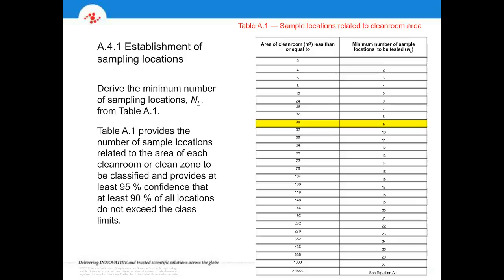If we look at the example that's highlighted, where we had 36 square meters, previously when we would use the earlier method of taking the square root, that would have yielded a minimum of 6. In today's chart, that value is now 9. So it's an increase, not substantial, it's not doubling, but it is an increase in almost all cases to some extent for the minimum number of positions.